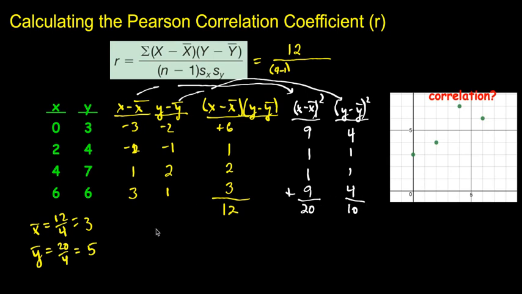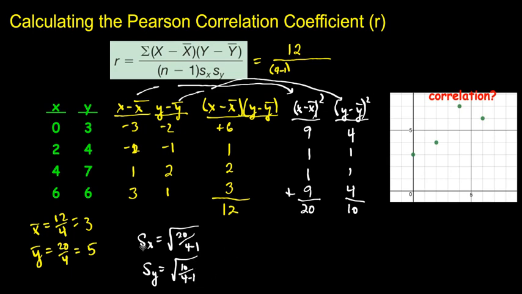I'm going to do my calculation right over here. So the standard deviation of our x's is the square root of the deviation squared, which is 20, over 4 minus 1. And minus 1 is 3. And the standard deviation of our y's is the square root of the deviation squared for the y values over 4 minus 1, which is also 3.